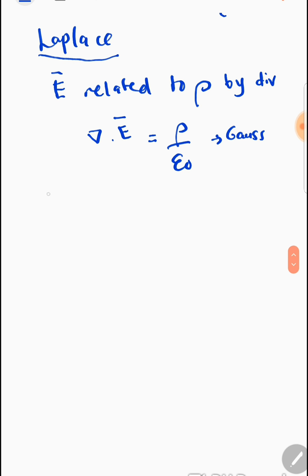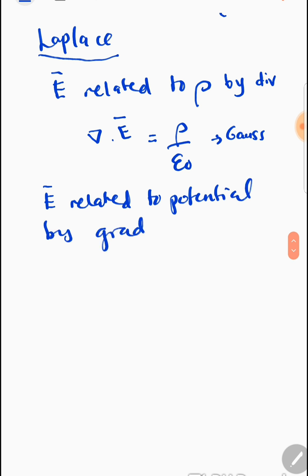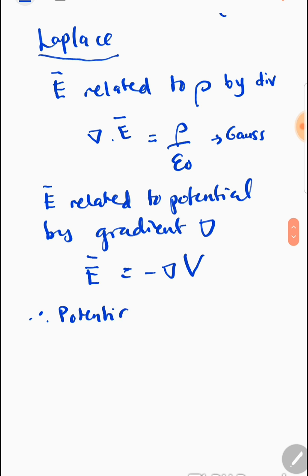Now, we also know that the electric field is related to potential by the gradient, denoted by nabla, right? And how is it related? My E bar is equivalent to negative del of V, my potential. Therefore, our potential is related to our charge density rho.